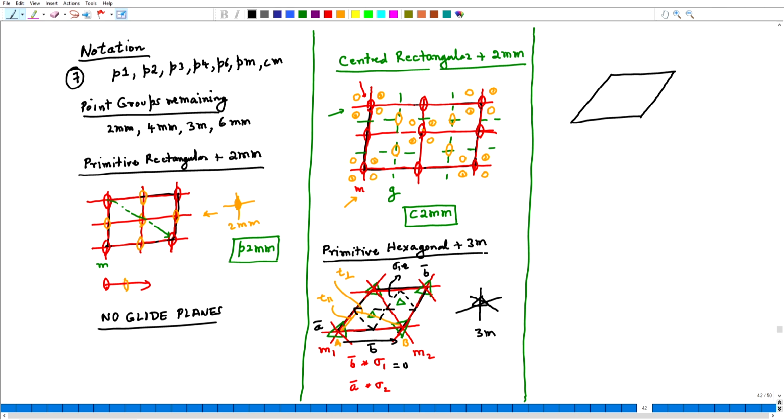So, this is sigma 1 tau. Similarly, this one I will call sigma 2 tau, so sigma 2 followed by translation A gives me sigma 2 tau, and then the rest of the glide planes will come automatically by the 3-fold rotational symmetries around it. So, this is one kind of plane group.